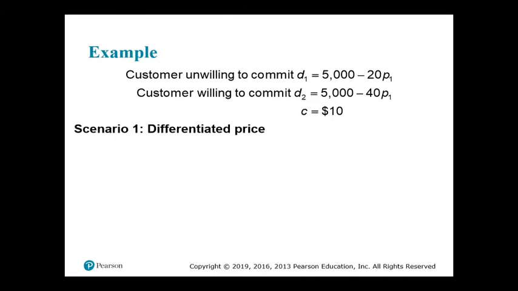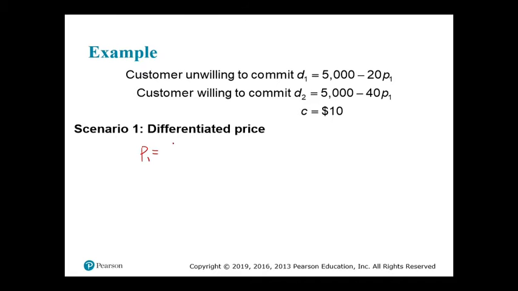So let's say scenario one, we do a simple differentiated price without considering the capacity constraint. So basically we can use our formula for the optimal price that are independent of one another.